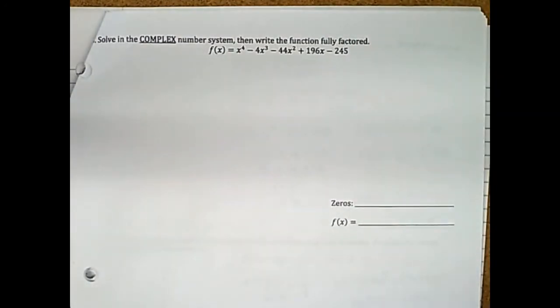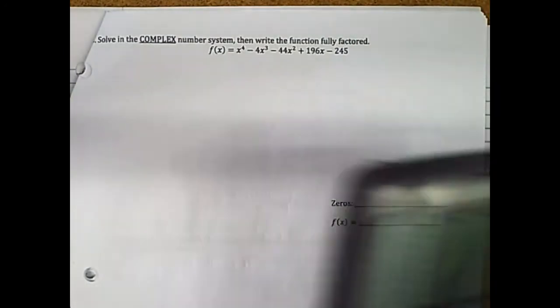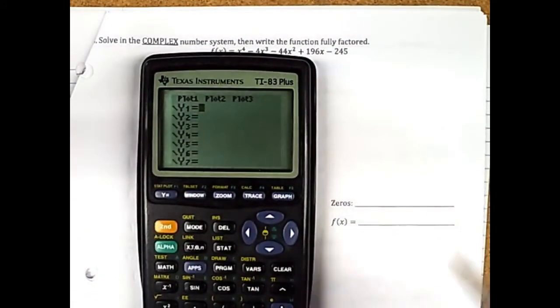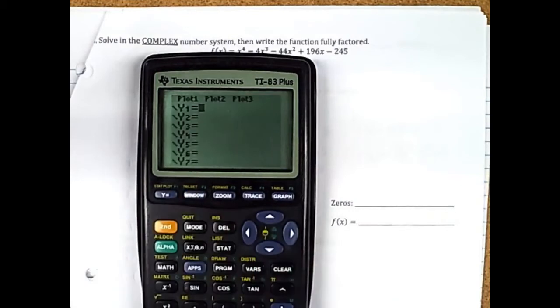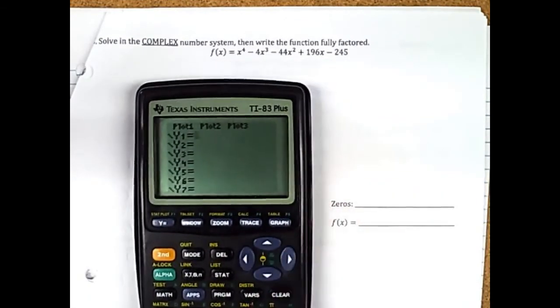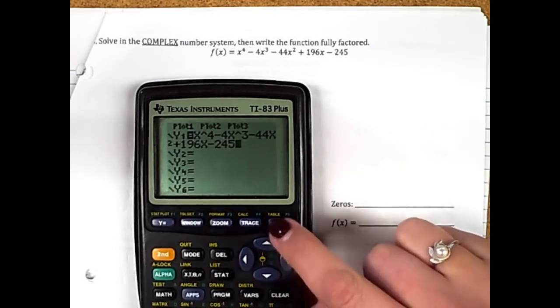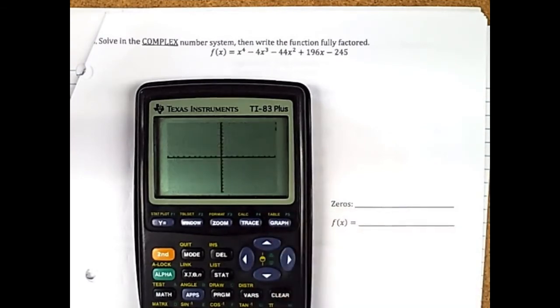So I am just going to go into my calculator again. If you don't know how to get there, we just press y equals. I am going to plug in my original function: x to the 4th minus 4x cubed minus 44x squared plus 196x minus 245. I am going to graph that.